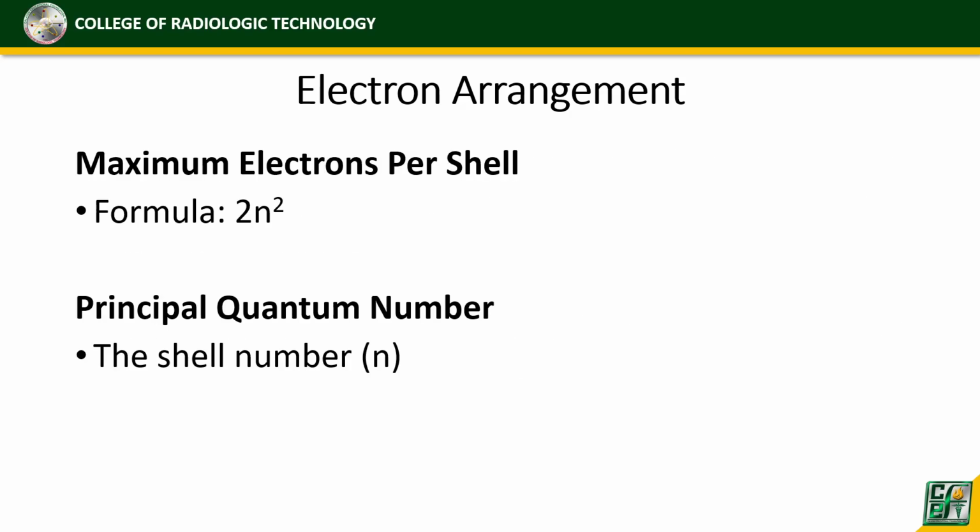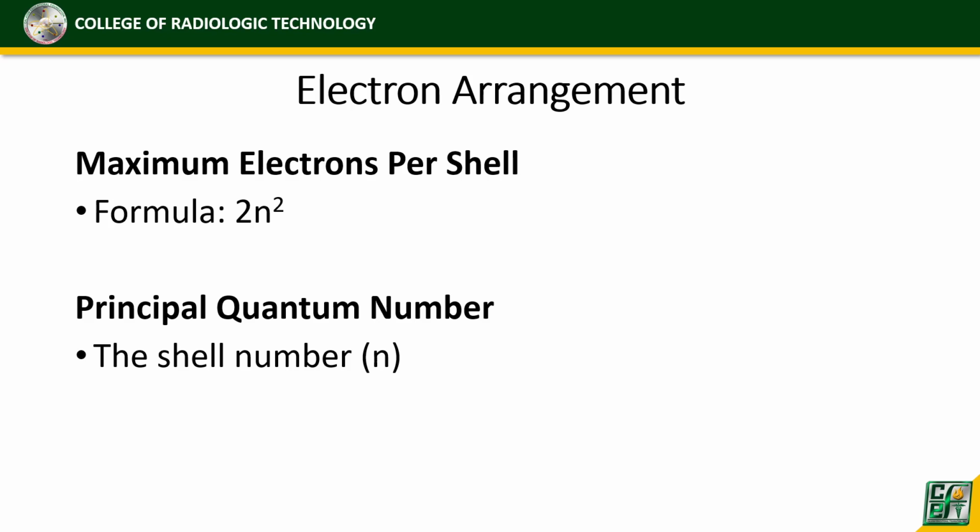Okay. So, furthermore, sa electron arrangement, meron tayong ginagamit na formula in order to compute what is the maximum or how many maximum electrons can occupy a specific orbital shell.